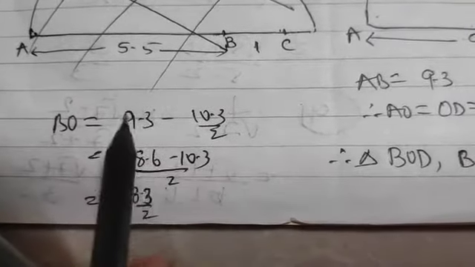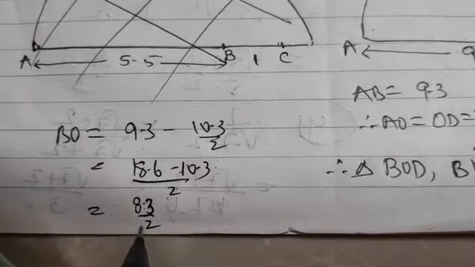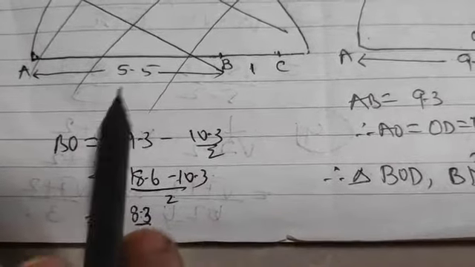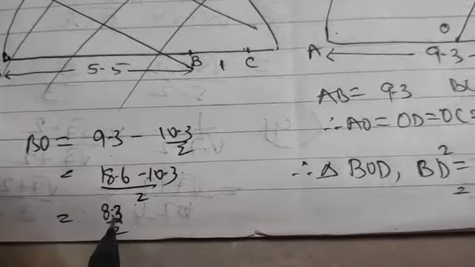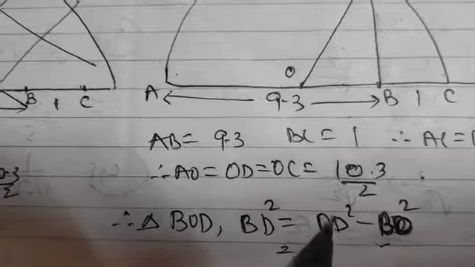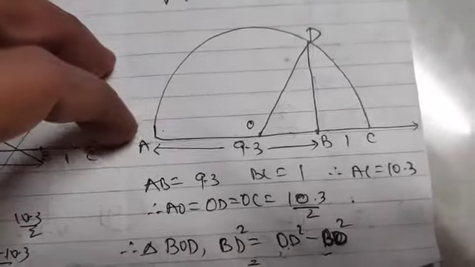LCM I have taken, nothing else. 9.3 into 2 is 18.6 minus 10.3 upon 2 gives me 8.3 upon 2. I hope this calculation part is very clear. It's LCM calculation, nothing else. So this value of BO is 8.3 by 2, which we will substitute over here. OD is how much? 10.3 by 2. What is BO? 8.3 by 2. So these two values we will substitute in the sum. So here you are having it.